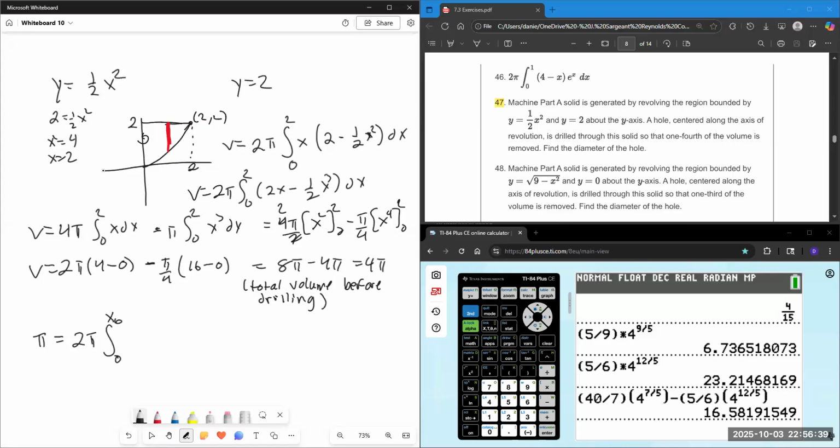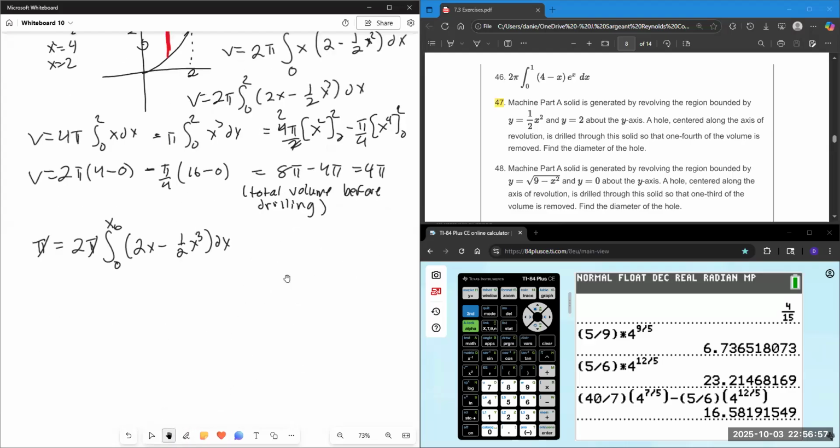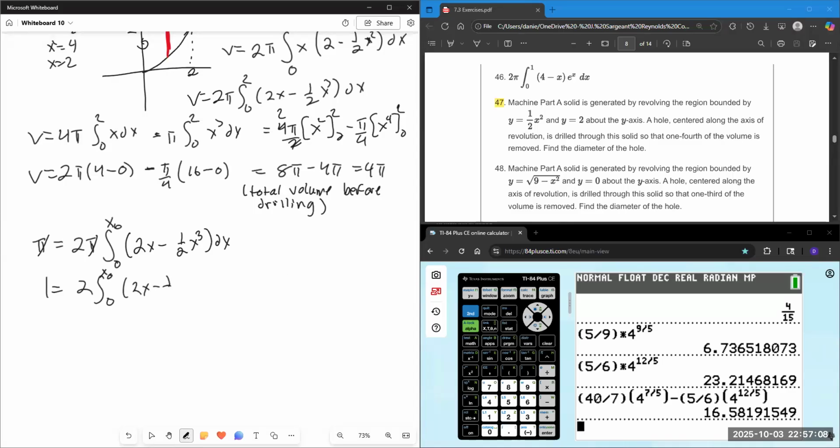And now go back to this form right here, 2x minus 1/2 x cubed dx. Pi's will cancel, and I'll have 1 is equal to 2 integral 0 to x naught, 2x minus 1/2 x cubed dx.